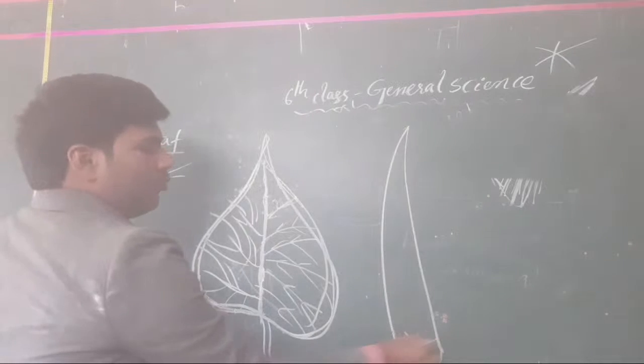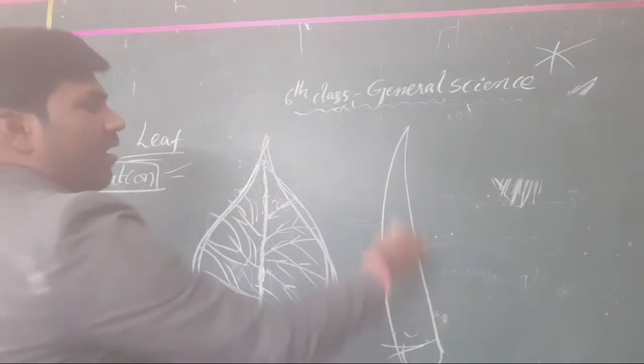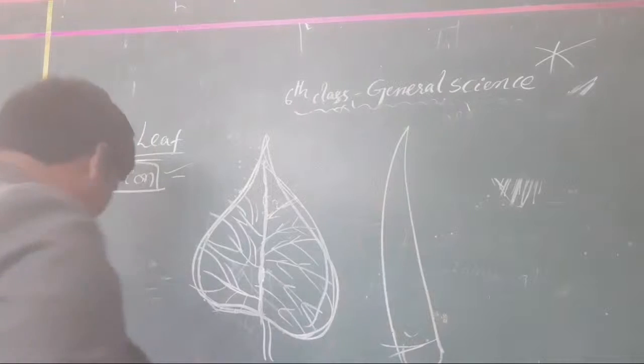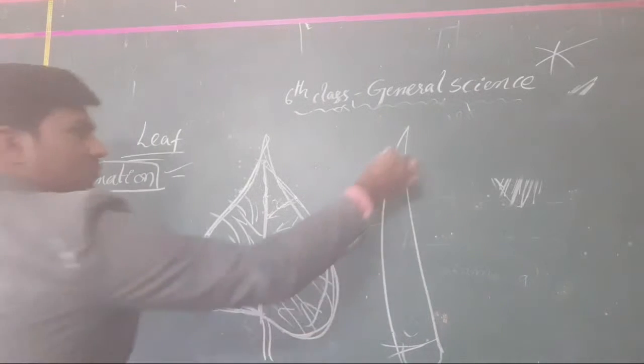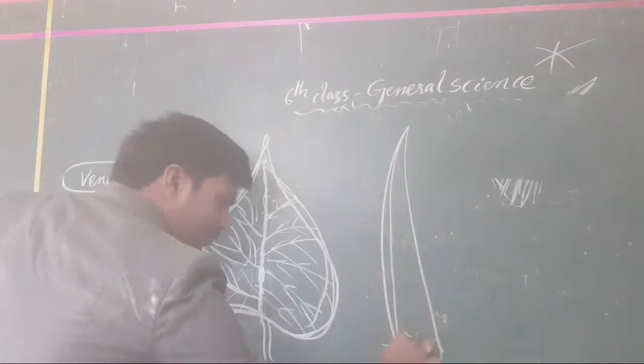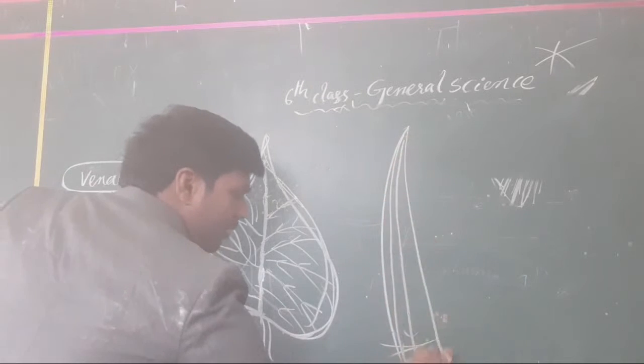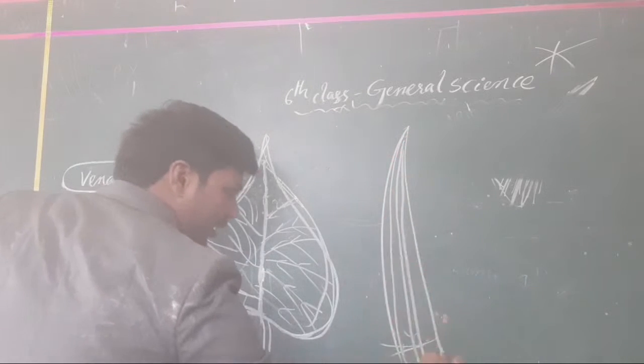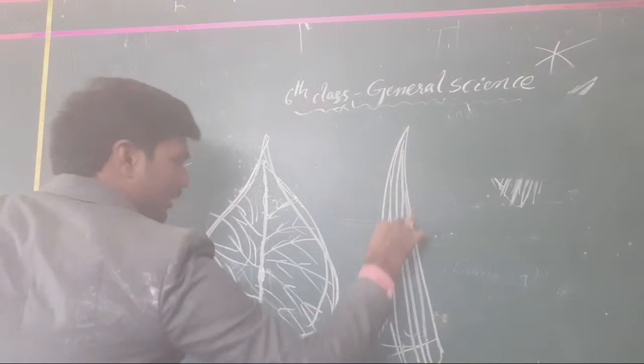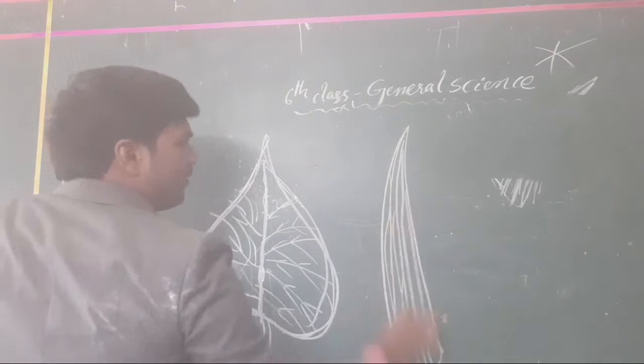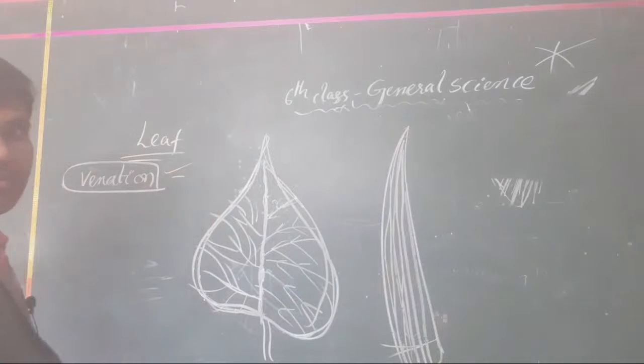And once you come to this leaf, all the veins are like that here. Okay, clear? Once check it here, one is parallel to the other. Okay, clear or not, all the students? Like this, a parallel combination is there.